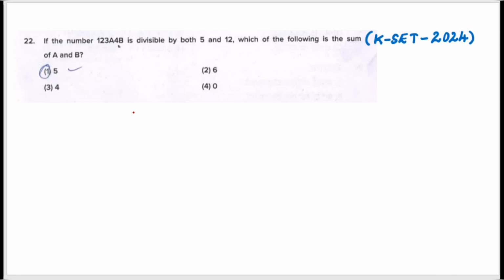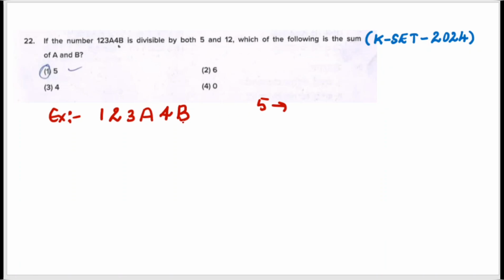It was asked recently. Let us take the example what they have given, that is 1, 2, 3, A, 4, B. Right. Now divisible by both 5 and 12 they are telling. So if the number should be divisible by 5 means what are the condition it should follow?